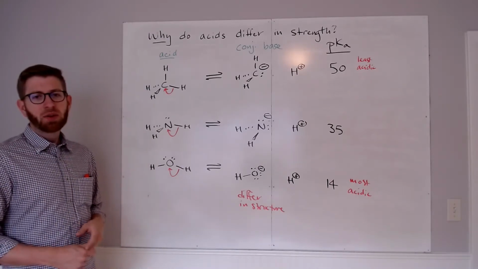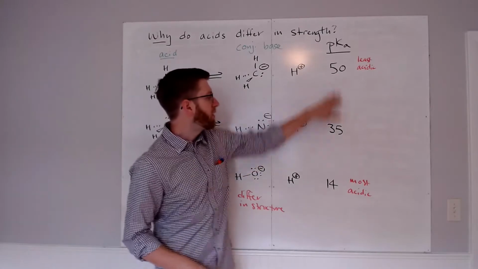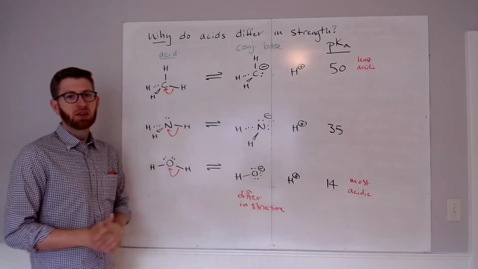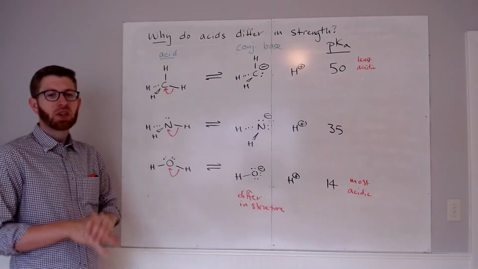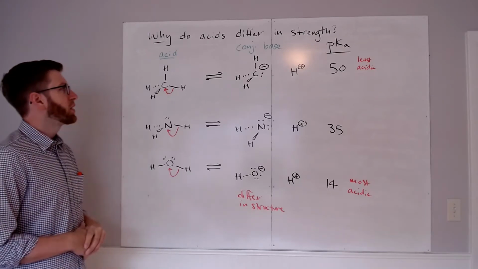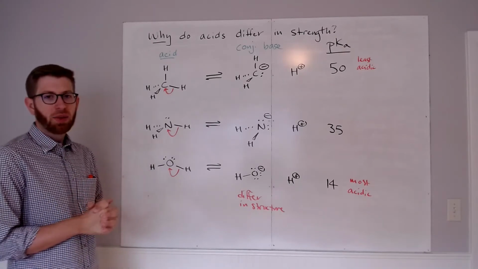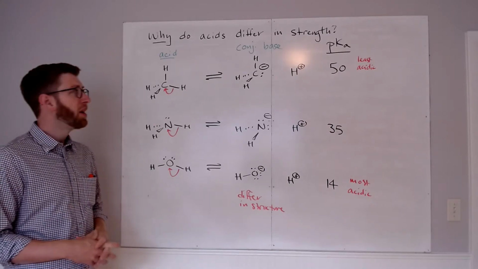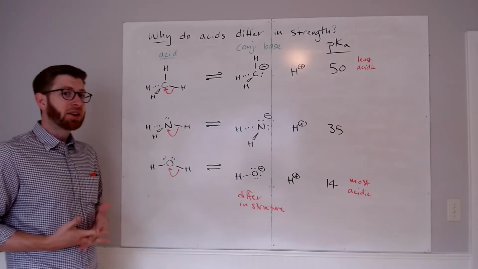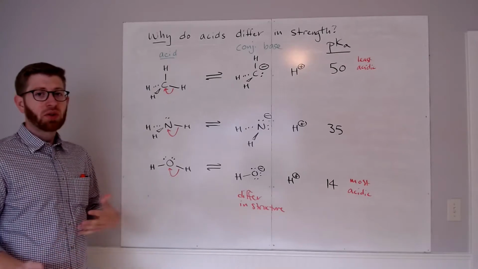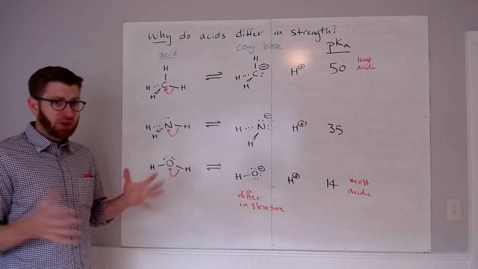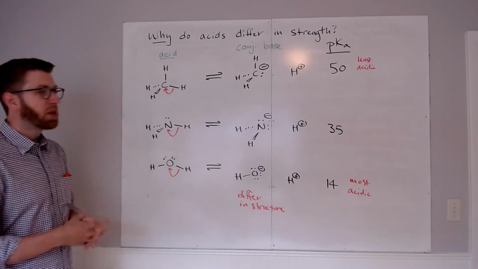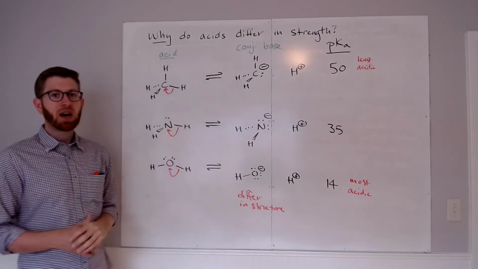But we can make a few simplifying assumptions. It turns out all of these values are measured under the same set of conditions. So same solvent, same temperature, same concentrations initially. So really we're starting to isolate things like structures of compounds. And what we're going to find in this video is that that's actually a driving factor for whether a compound is strongly acidic or not. Everything matters, but the structures involved in this equilibrium matter a lot.